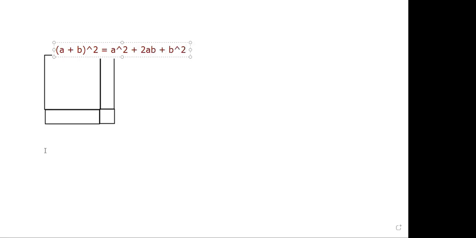So it's very clear that the longer length is A and the shorter one is B. Right? So that's basically the assumption with which we are going.